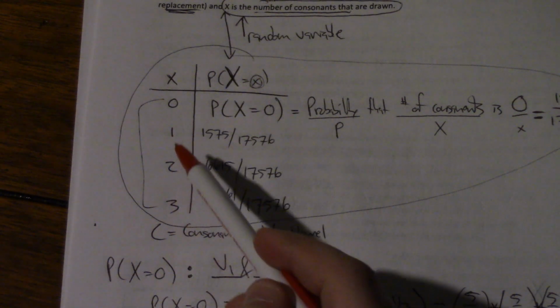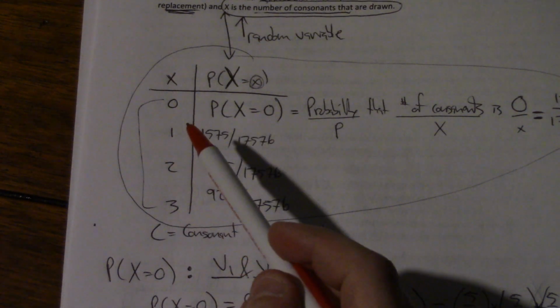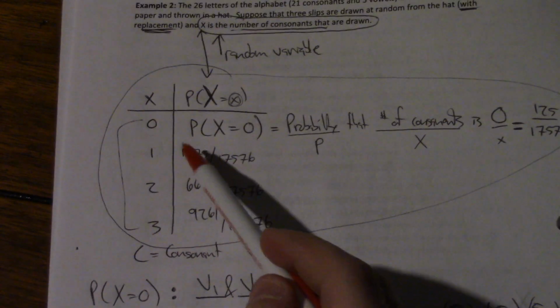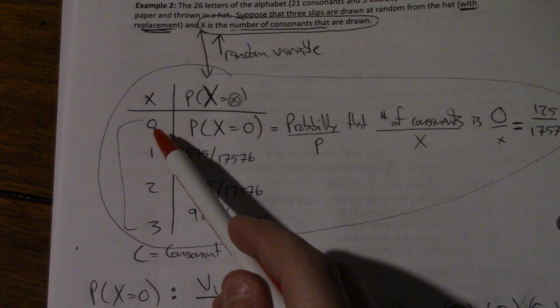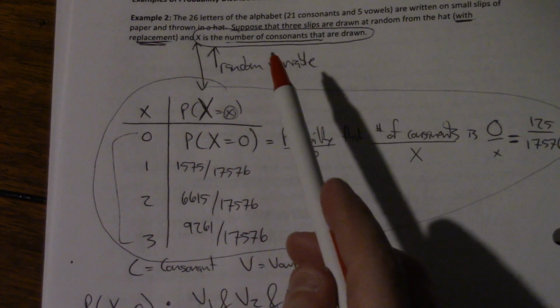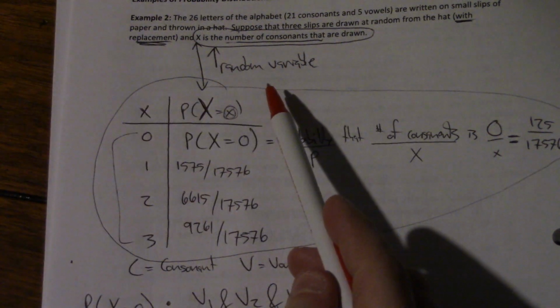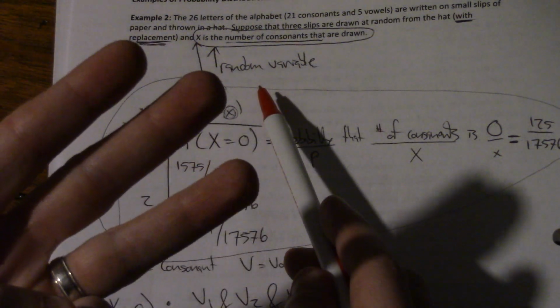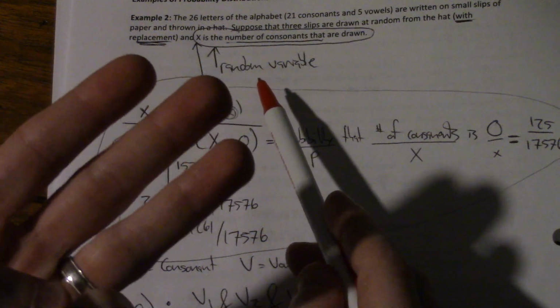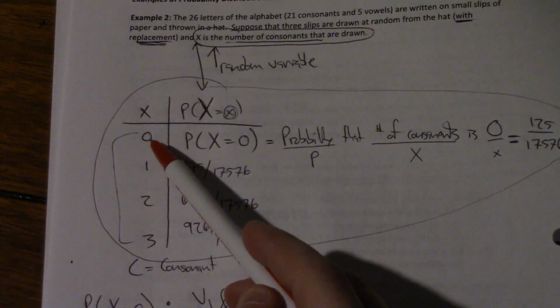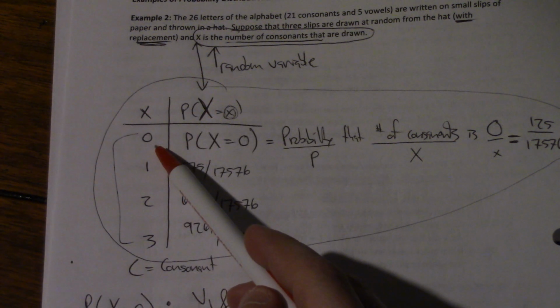And it's likely going to be several values. One that's easily forgotten is 0. It's easy to think about, okay, yeah, I could have one consonant, I could have two, I could have three. Out of three, okay, I'm done. But it's easy to forget, none of them could be consonants.